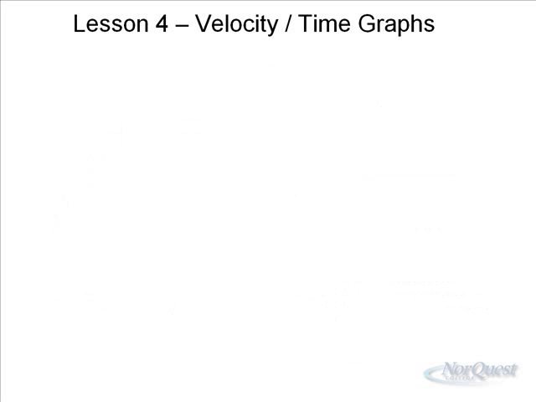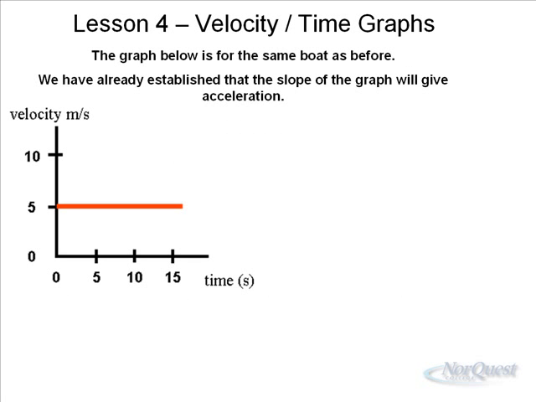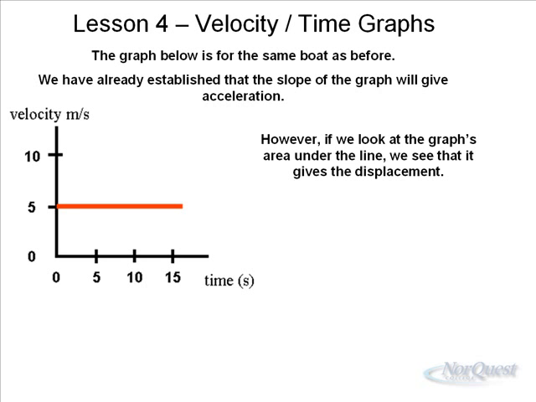So looking further into velocity time graphs, we have the graph below, which is exactly the same as the one on the previous slide. We've already established that the slope of the graph gives you acceleration. However, if we look at the graph's area under the line, that means between the red line and the x-axis, we can see that it gives the displacement.